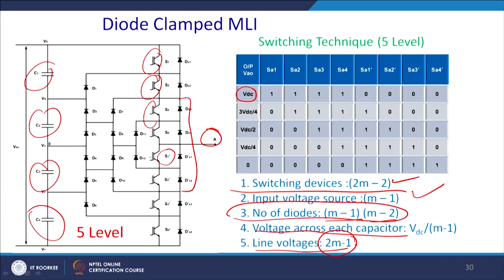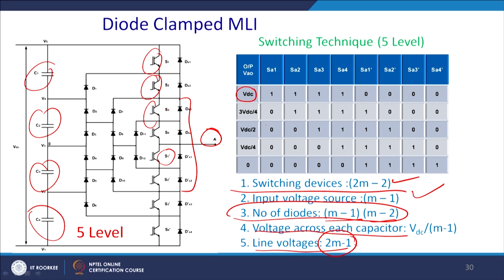So, SA1, SA2, SA3, SA4, and this has a simple logic. I do not have time to discuss it, but this switch and this switch are complementary. Similarly, this switch and this switch are complementary, and so on, and we can see that from this table also.